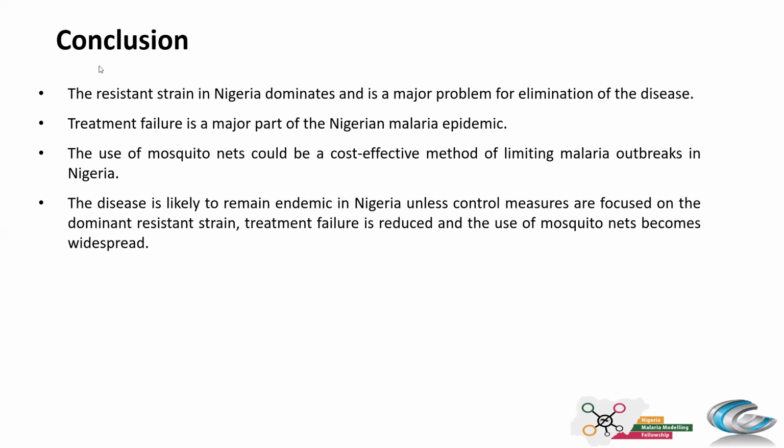Then the use of mosquito nets could be cost-effective in reducing the number of malaria infections as well. And also considering the reproduction number that is above 1, it means that malaria is likely to remain endemic in Nigeria unless the control measures are focused on the dominant resistant strain, treatment failure is reduced, and the use of mosquito nets becomes widespread.